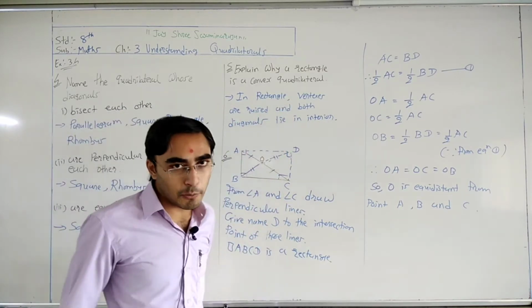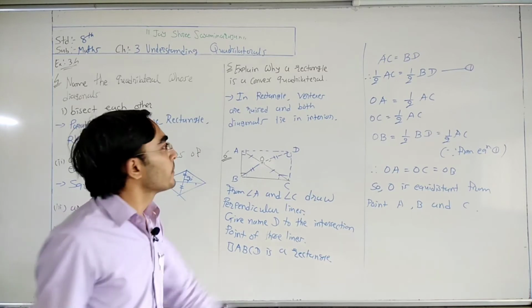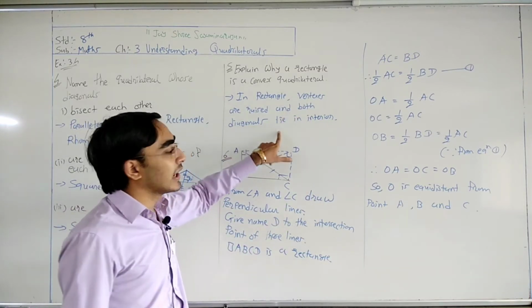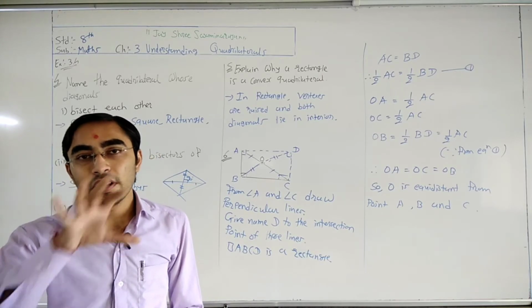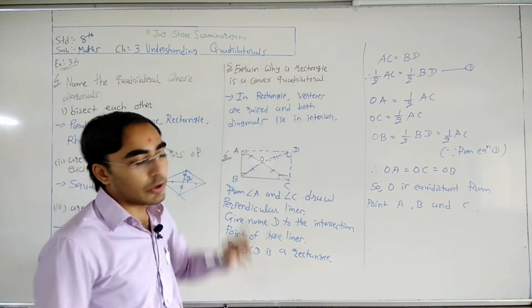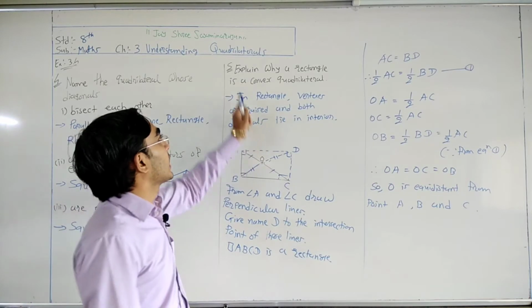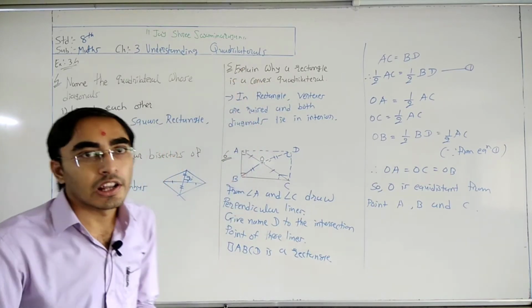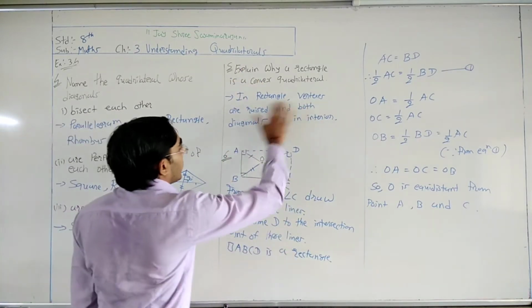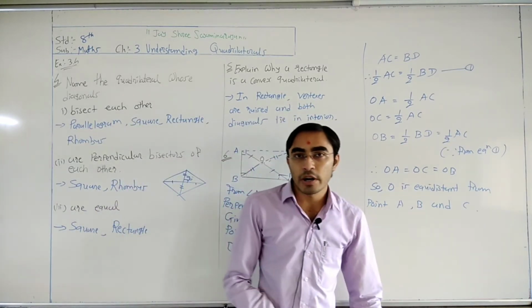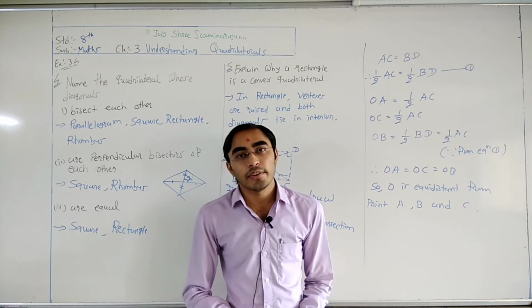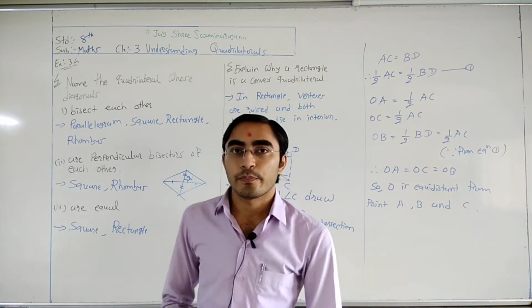This is the very important point for convex quadrilateral. If all the diagonals lie in the interior part, it is called convex quadrilateral. That's why a rectangle is a convex quadrilateral, because in rectangle vertices are raised and both the diagonals are in the interior part.